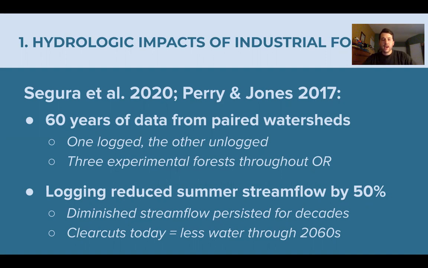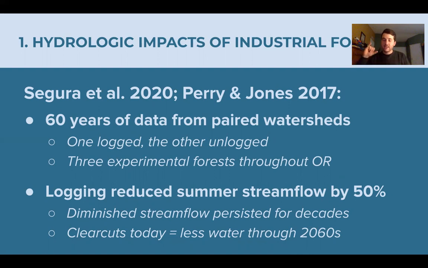And they found that when comparing the logged to the unlogged forest, the unlogged forest was producing 50% more water in its streams during the summer than the logged forest. So in other words, they found through a variety of means that clear-cut plantation forestry contributed to half as much water during the summer months.